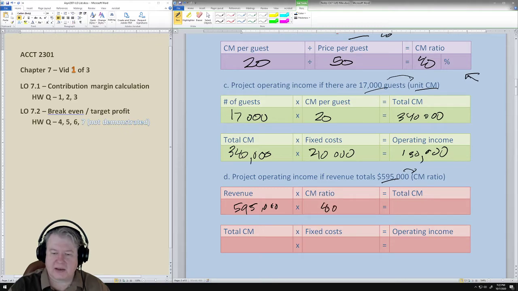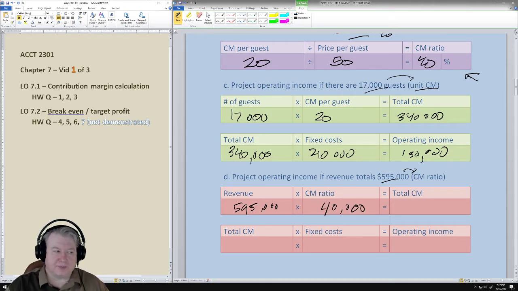So out of that, well, let's see, I'm using the eraser a bunch tonight. And to be honest, I don't know if I'm getting any better at writing with this, maybe a little better. 40,000. No, shoot. The ratio is 40%.